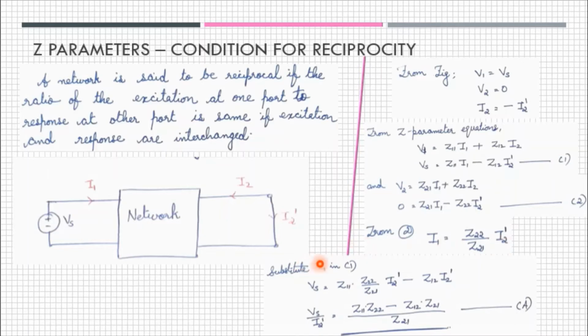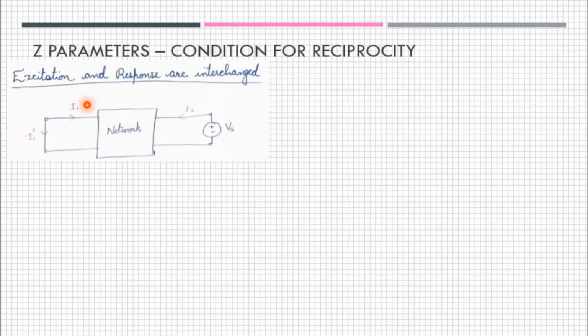Substitute value of I1 in equation number 1. Then we will get the equation as Vs is equal to like this. From here we can write Vs by I2 dash is equal to Z11 into Z22 minus Z12 into Z21 divided by Z21. Now the excitation and response are interchanged.